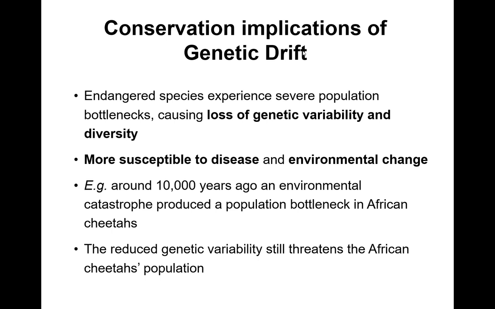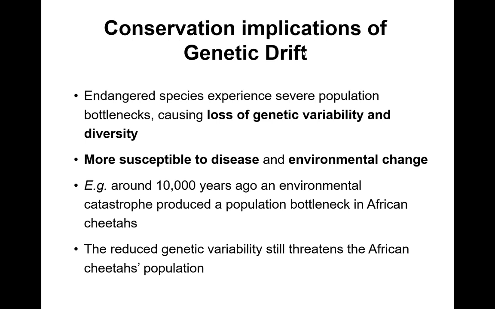Obviously, there are big conservation implications of genetic drift, whether we talk about the bottleneck effect or the founder effect. By reducing the genetic variability of individuals, particularly with the bottleneck effect, you're now recreating a population which has very little variability. And variability is necessary for survival. That's what natural selection works on. So if you have less variability, your chance of survival in the long run is much lower than that of the original population.